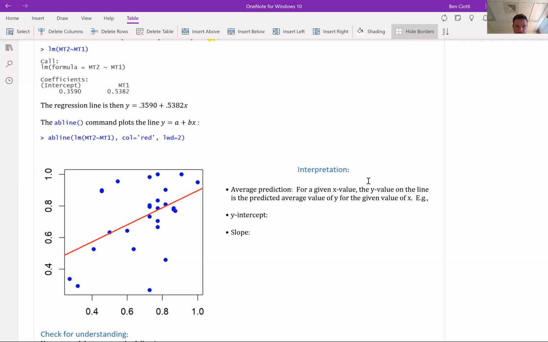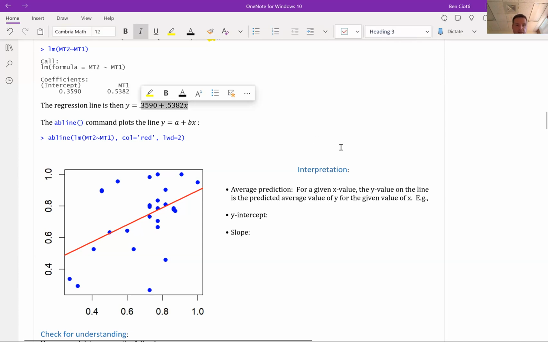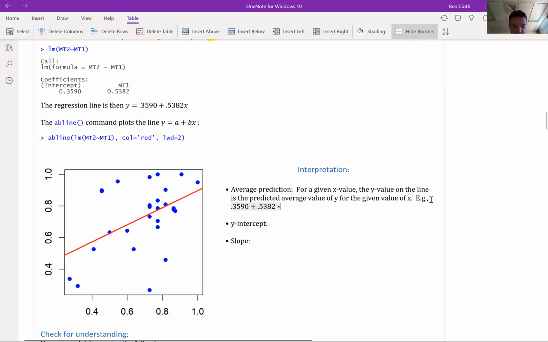So for example, let's say x is 1/2. So let's plug in 1/2. This times 0.5 gives the predicted average midterm 2 score for students that get 50% on midterm 1.